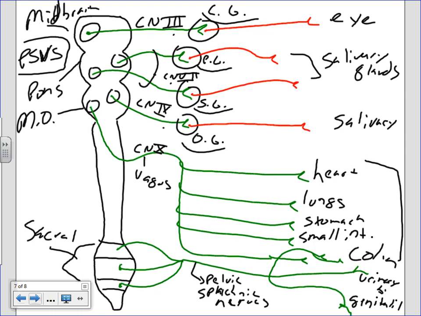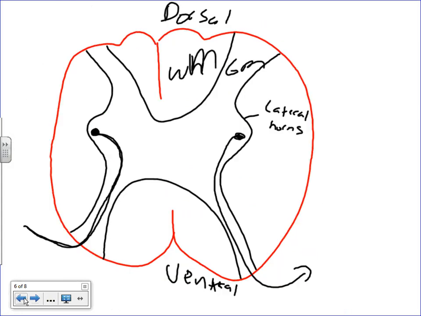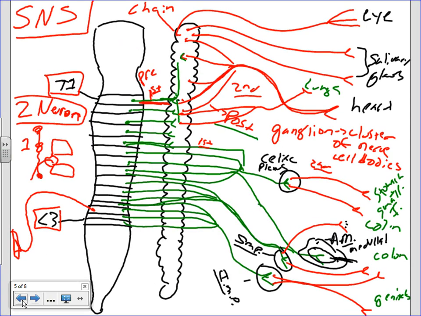So in a nutshell, we've got your parasympathetic nervous system here. When you went back and saw the previous picture, as poorly drawn as it was, you'll notice the innervation of the eye, salivary glands, the heart, stomach, small intestine, colon, and the genitalia.